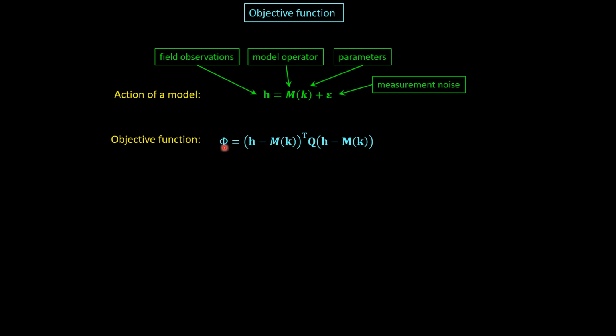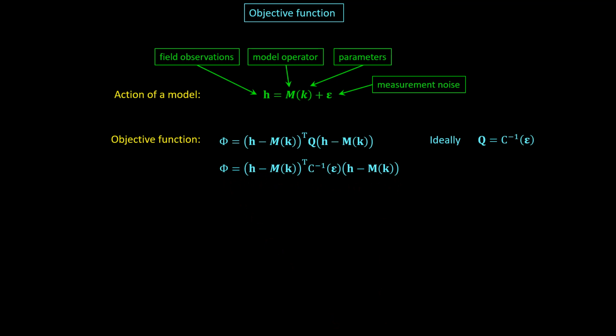And this objective function is a weighted least squares objective function. Weights are contained in this matrix Q, which is often diagonal. Ideally, Q should be equal to the inverse of the covariance matrix of measurement noise. So we can rewrite the objective function using this slightly revised equation.